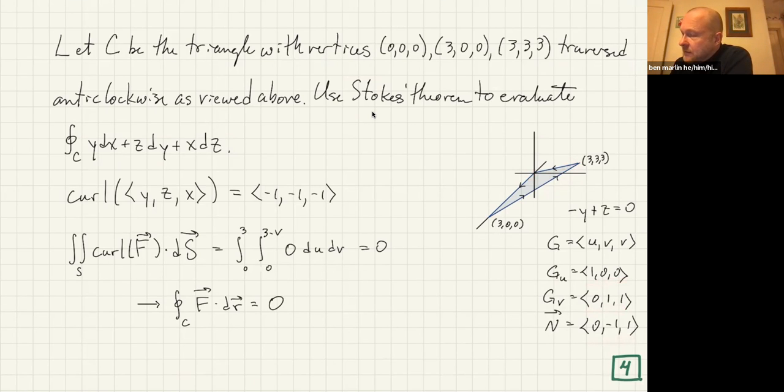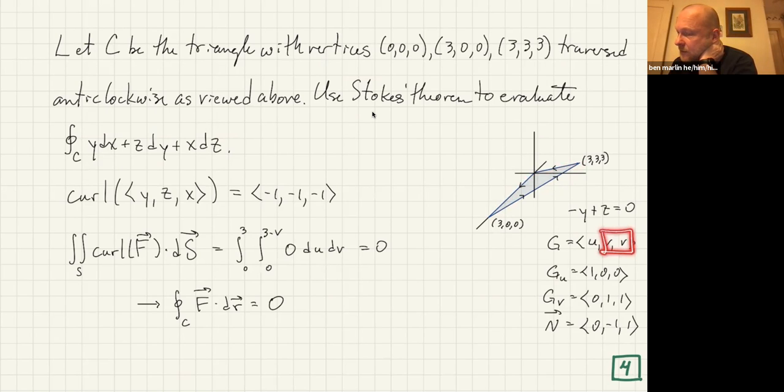So if you want a better explanation about the parameterization, you could also think about going this direction here and this direction here. I'm sorry, I'm kind of blathering on. But you need to be able to get up to that 3, 3, 3 there.